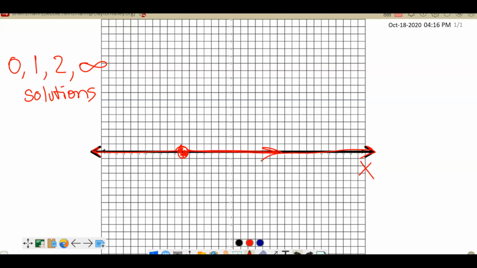Well, now we're going to add an axis. This is our friend, the y-axis. And it is vertical. It goes up and down.